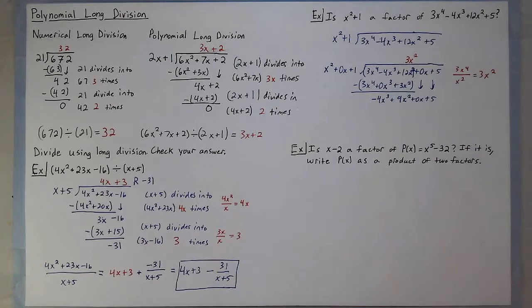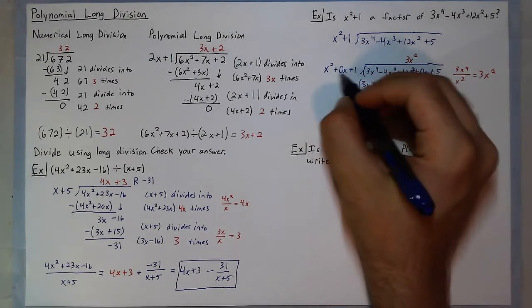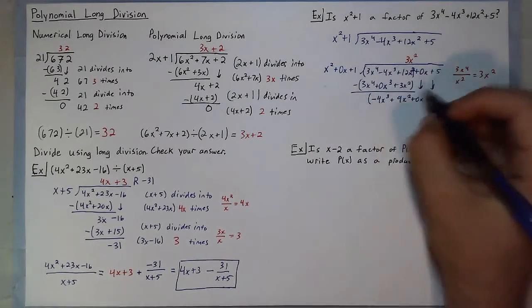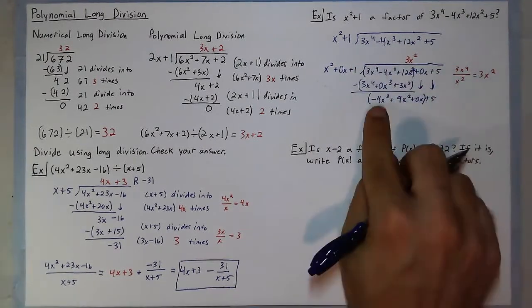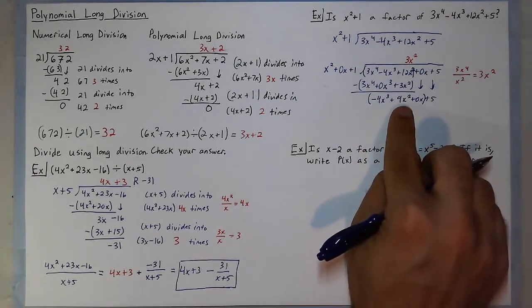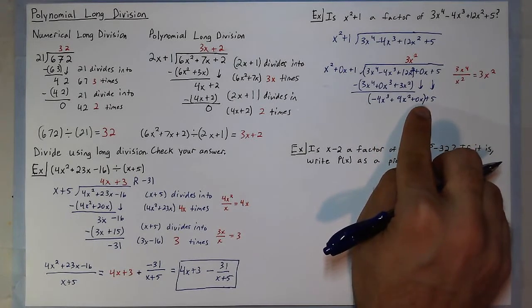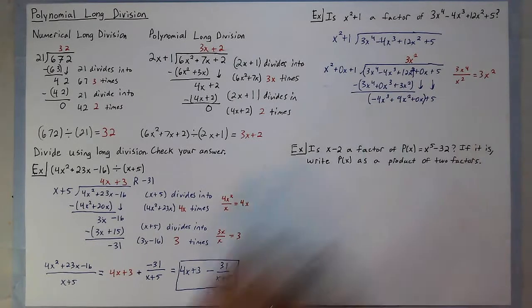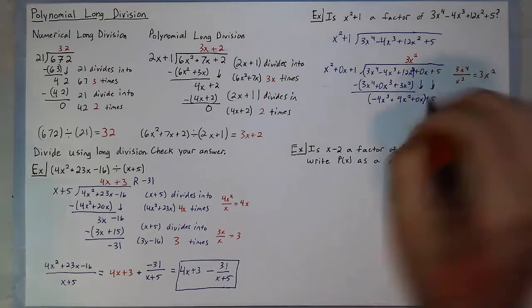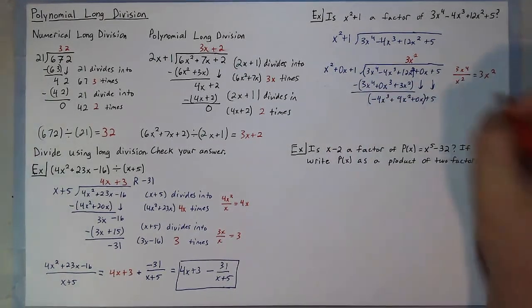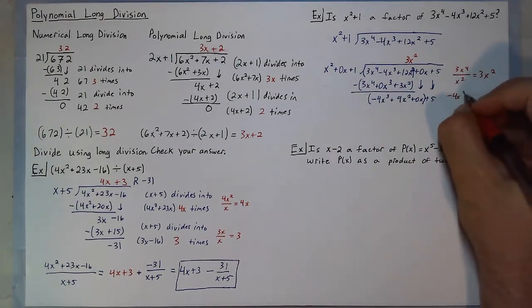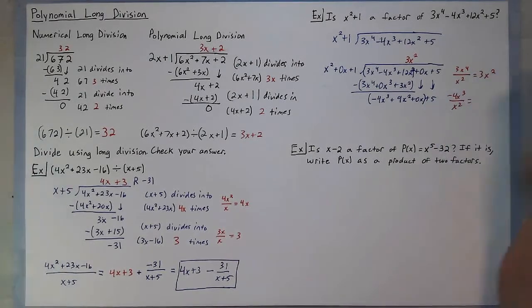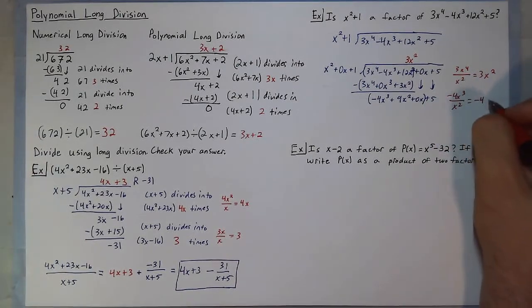Then we go through the same process. Now you're thinking, how many times does x squared plus 0x plus 1 go into negative 4x cubed plus 9x squared plus 0x? Again, I'm looking at my leading terms. So I'm going to see how many times does x squared go into negative 4x cubed. Simplifying that, I get negative 4 and x.